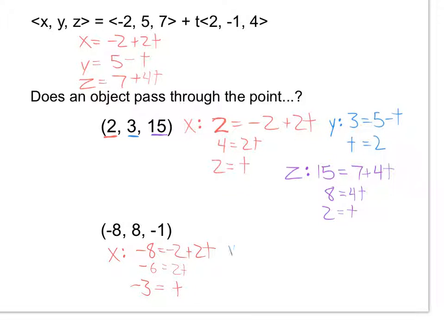So if I try the y, and 8 equals 5 minus t, that means t equals negative 3. So it's working so far. Then when I find the z, does negative 1 equal 7 plus 4t when t is negative 3? No. Negative 8 equals 4t, so t equals negative 2.